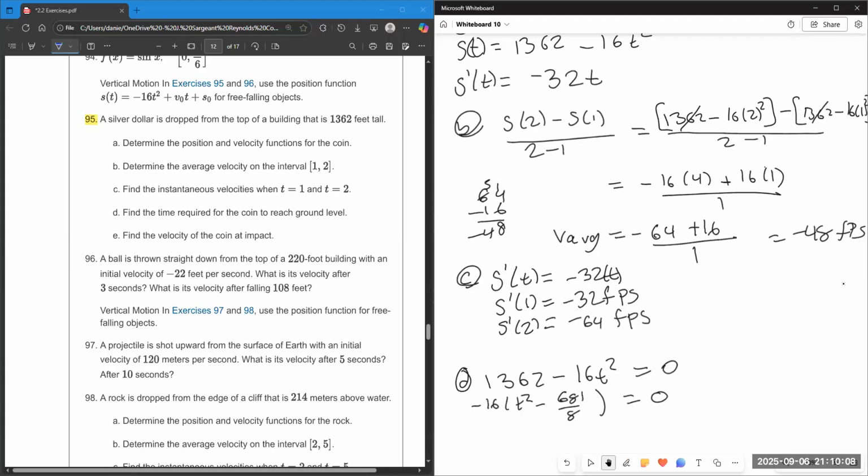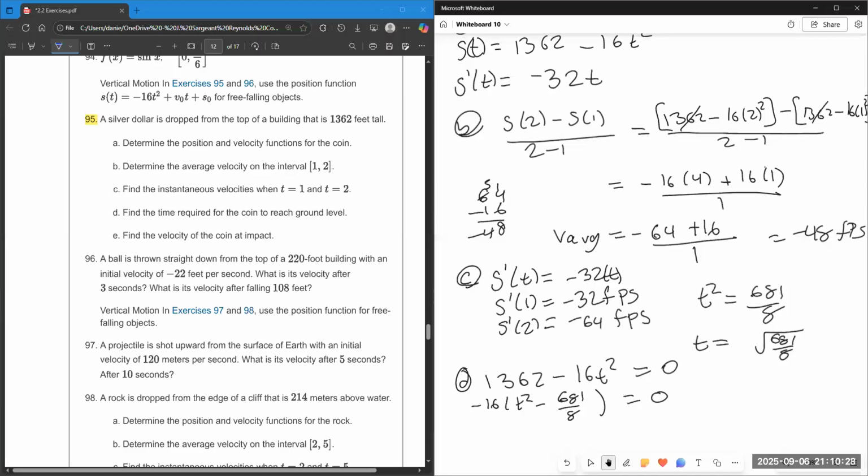So this is t squared equals 681 over 8. Going to approximate this, that it's plus or minus the square root of 681 over 8. I'm going to ignore the negative answer since there's no such thing as negative time.